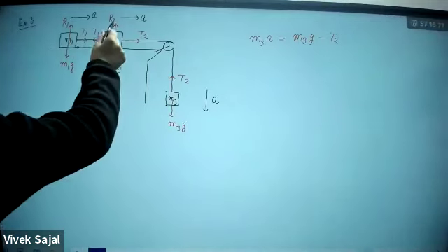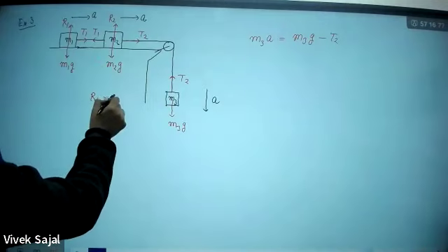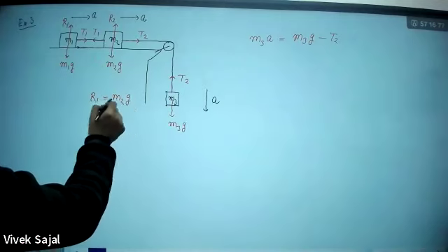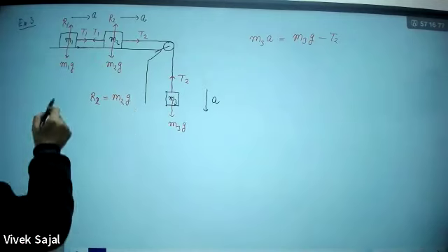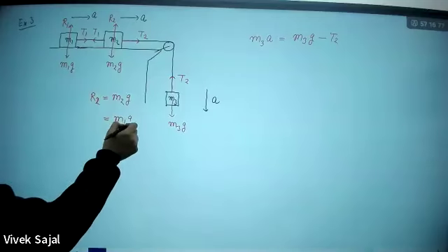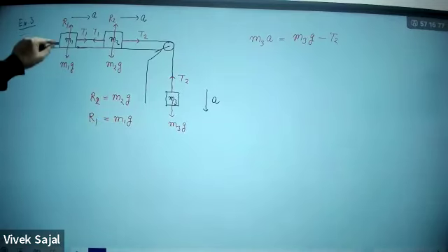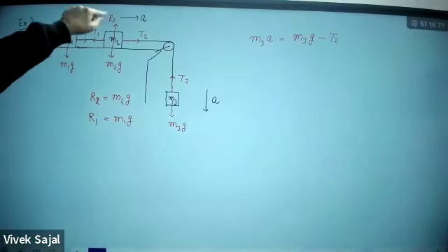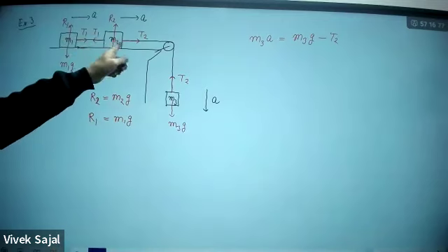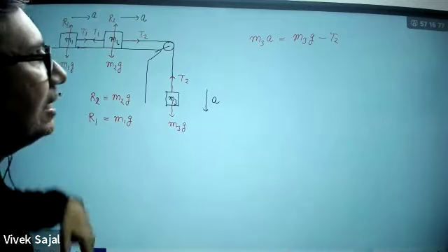For this, R2 is balanced by its weight, or weight is balanced by the normal reaction. Similarly, the weight M1G of the first block is balanced by the normal reaction R1. So due to this reason, they are not moving up and down here. So who is causing the acceleration in mass M2? That is T2. T2 is in the same direction as the acceleration.